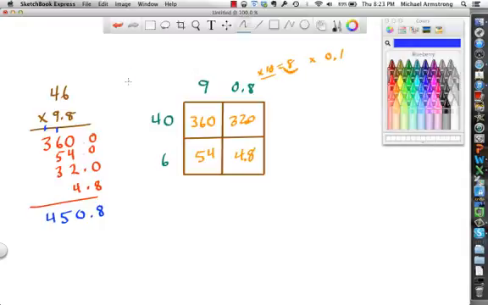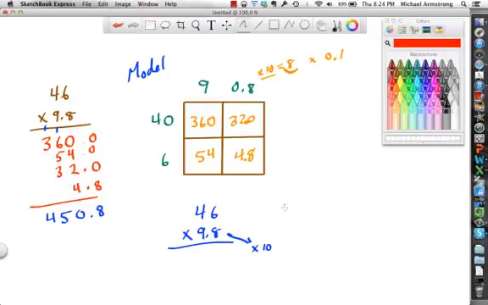Using our model. Okay. Using method number 2. Well, let's see. I think I need a little more space than that, so we'll come over here. 46 times 9.8. Now they use an arrow, okay, and they point to times 10 to get rid of 9.8.